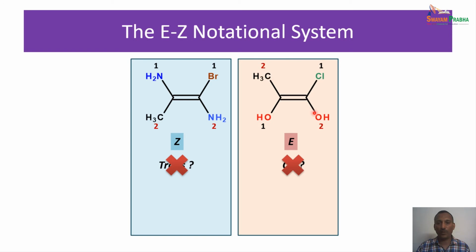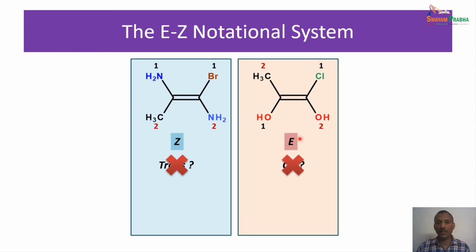When we extend the same to this dihydroxy compound, in the first carbon the oxygen gets the highest priority and the methyl group gets the second priority. Whereas in the second carbon, chlorine has a higher atomic number compared to oxygen, so chlorine gets the highest priority followed by the oxygen. That means in this isomer, both the high priority groups are on the opposite side.